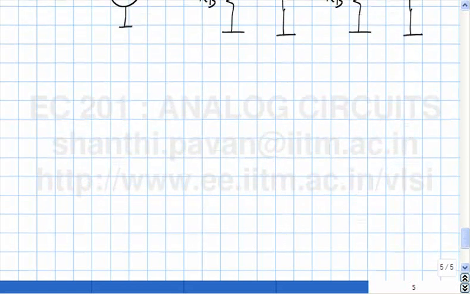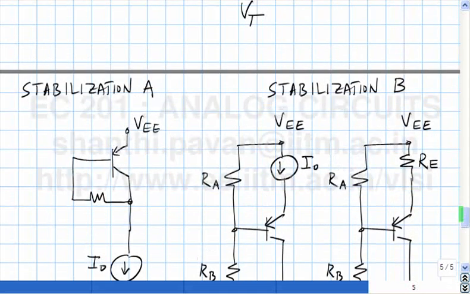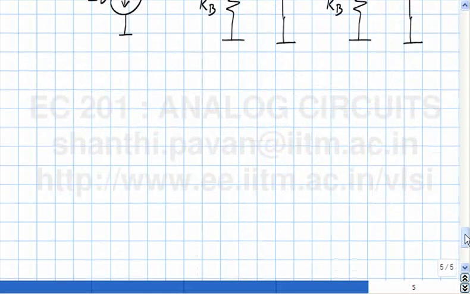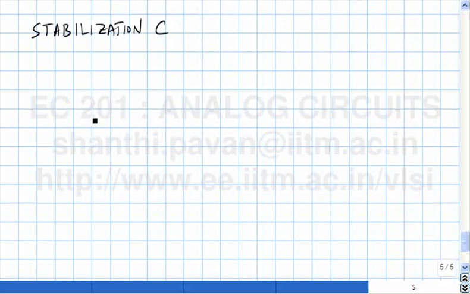The third bias technique is you compare collector current with the reference current and apply feedback at the emitter.